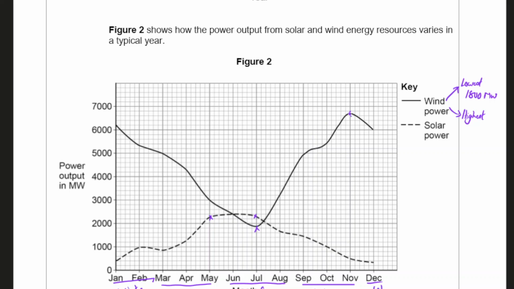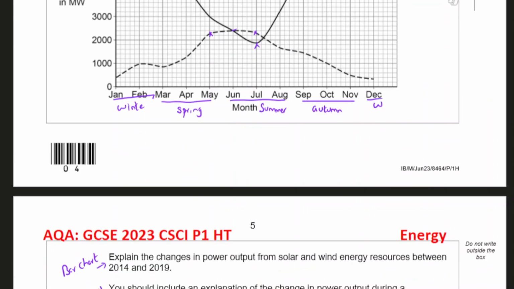The highest is 6,700 megawatts. Solar, the lowest is 400 megawatts and the highest is 2,400 megawatts. So let's have a look at the marking scheme answer.